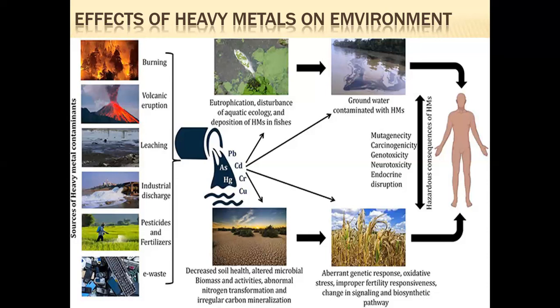If we discuss the effects of heavy metals on the aquatic system, in the aquatic system they can cause eutrophication, disturbance of aquatic ecology, and deposition of heavy metals in fishes. The heavy metals accumulate in the gills of the fishes and make it difficult to breathe.